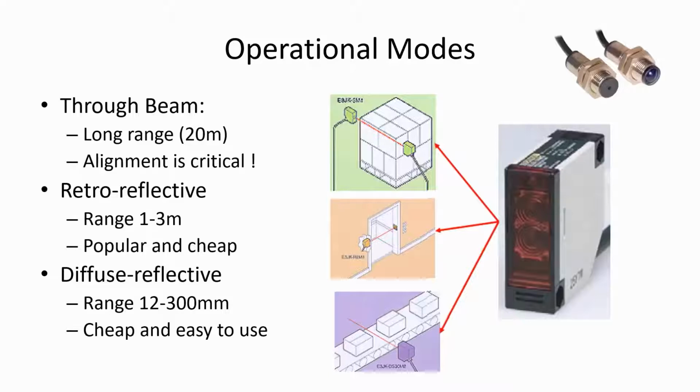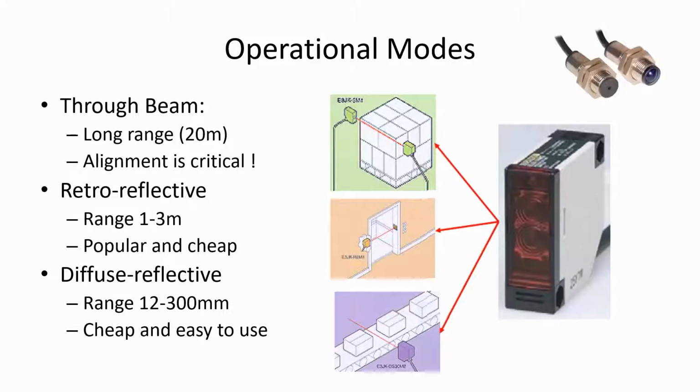The same module has both, and the light is reflected by the reflector and reaches the receiver. If there is no object, the receiver receives the light and activates. If some object comes between the reflector and the sensor module, the light is interrupted, indicating that an object is between the reflective surface and the sensor.